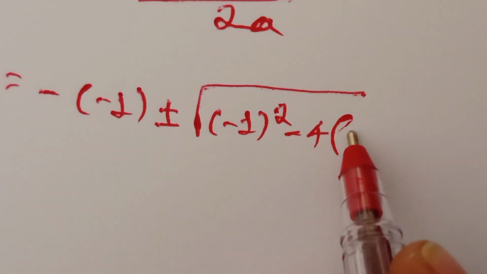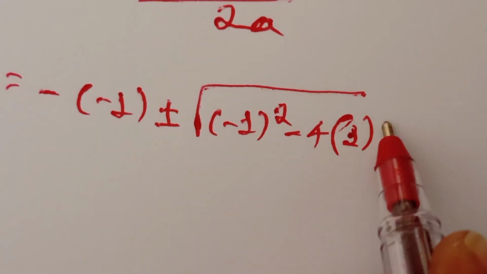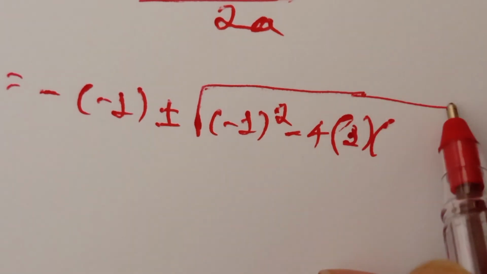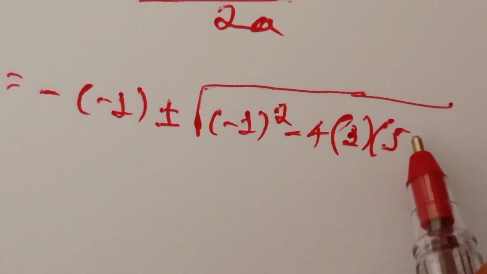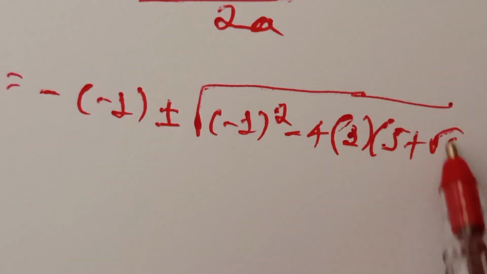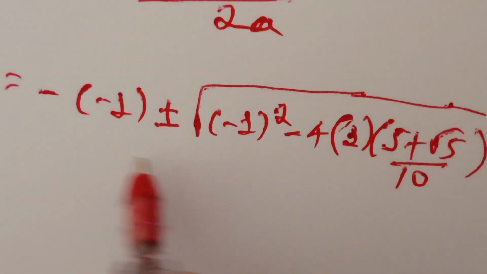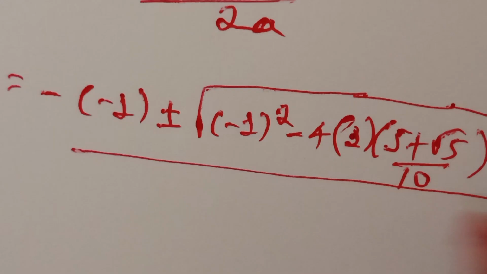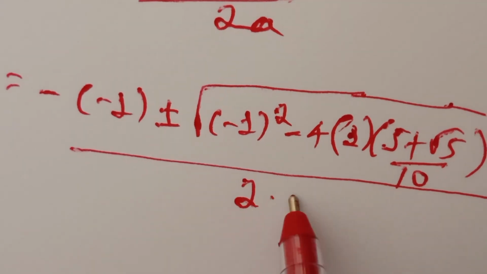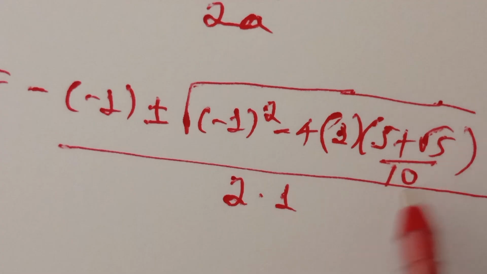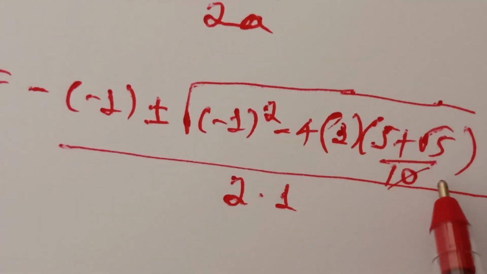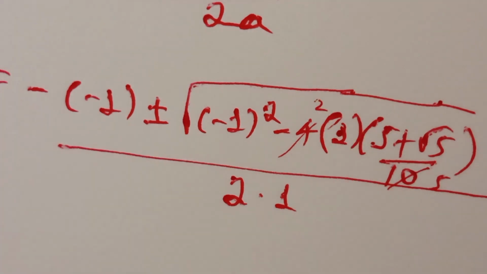A is 1 times c, and c is (5 plus root 5) over 10, all over 2 times a, which is 1. So this simplifies by 2 by 2.